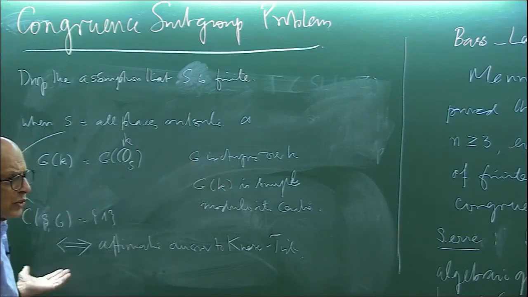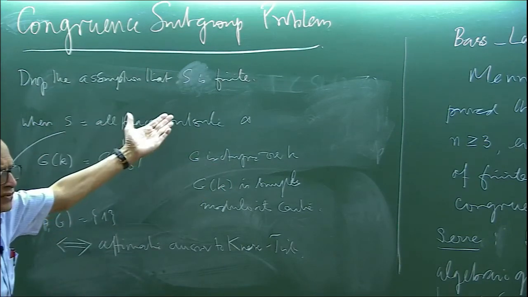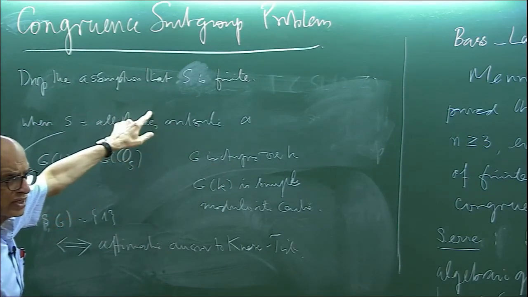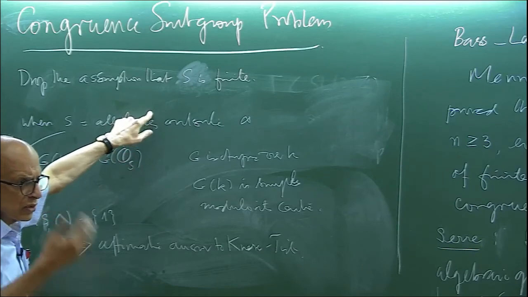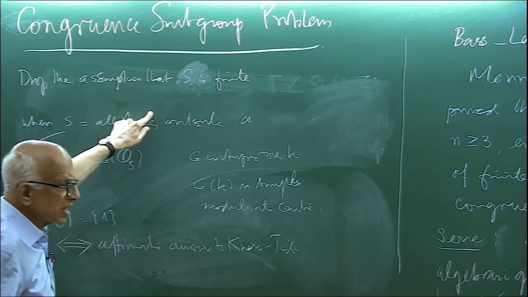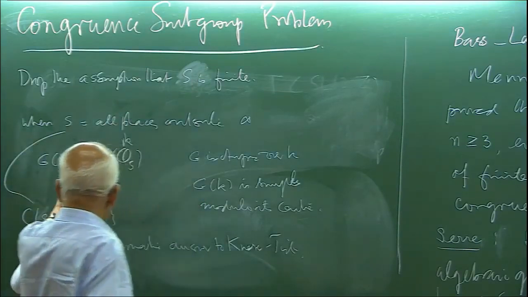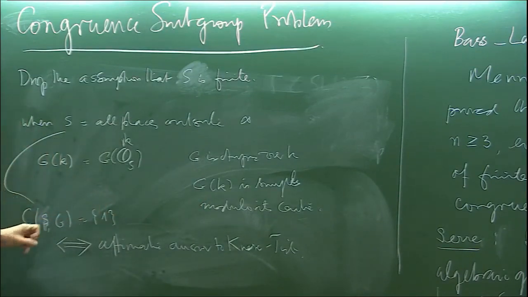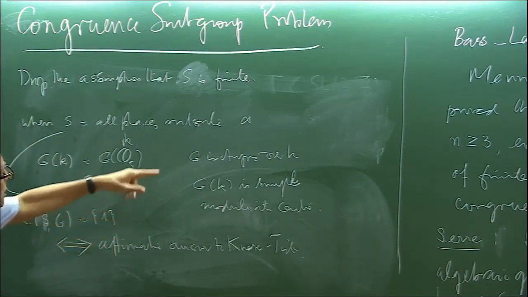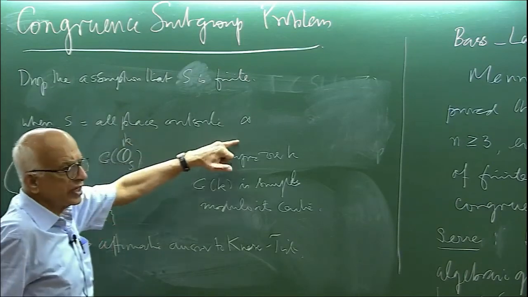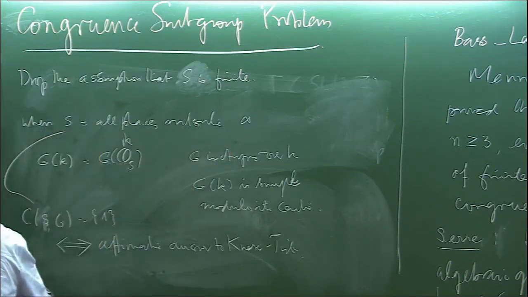Curiously, people did not look at the infinite case. When S is infinite, it wasn't looked at for a long, long time. The first person to look at it in this fashion, the case when S is everything outside infinity, was Margulis, in fact.